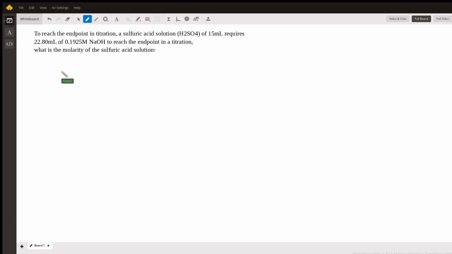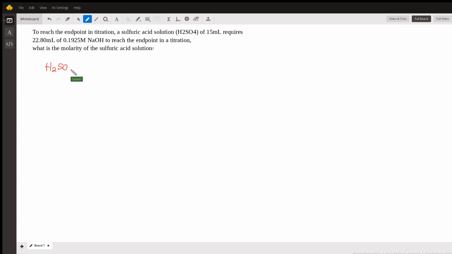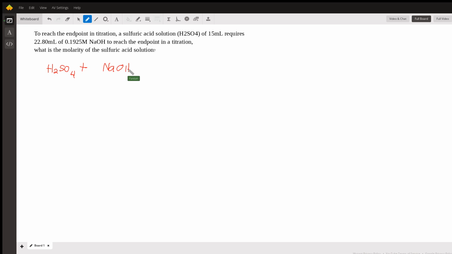The first thing you need to write is the chemical equation. So you have sulfuric acid reacting with sodium hydroxide, and this is going to produce water and also the salt.